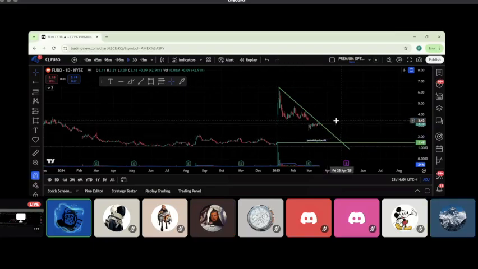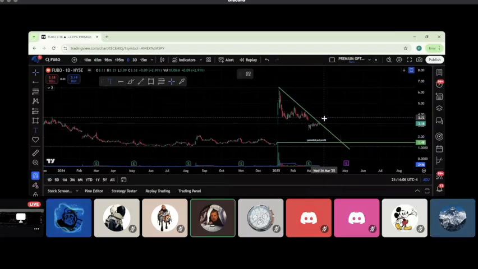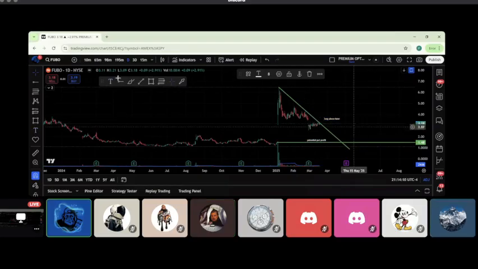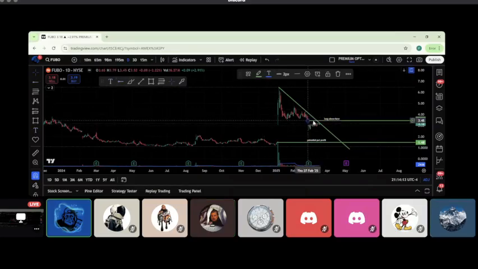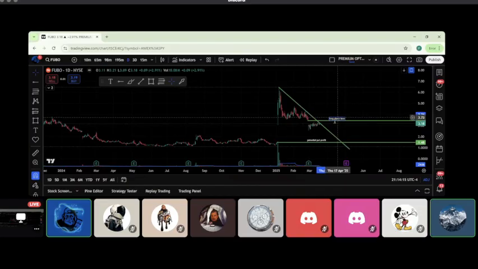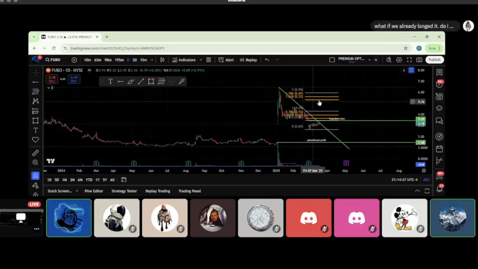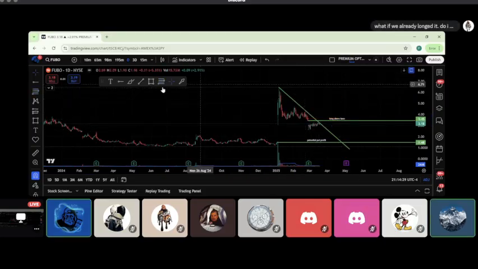But if you wanted to play on the long side, you're probably going to want to wait for a close above this gap and not this diagonal trend line, because usually when you fill gaps, they go the opposite direction sometimes. So if you're playing to the long side, you could look for like 540 over the next few weeks. And if you're playing to the downside, you're looking for 148.